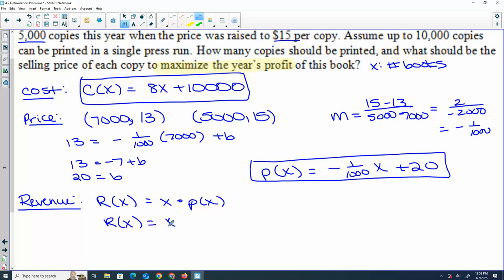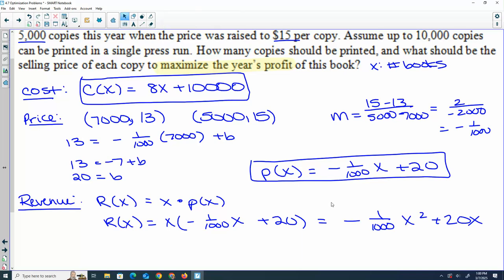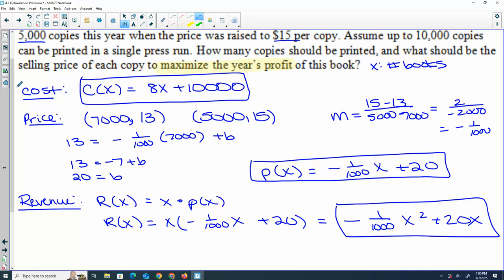Okay, so x times our price function. So my revenue is negative 1 over 1,000 x squared plus 20x. So there's my revenue.